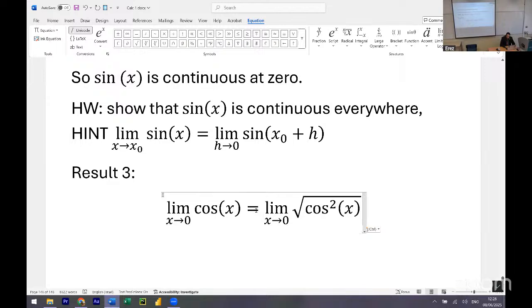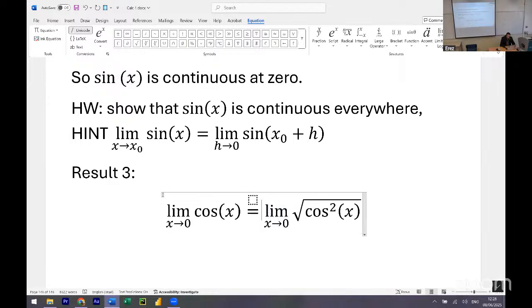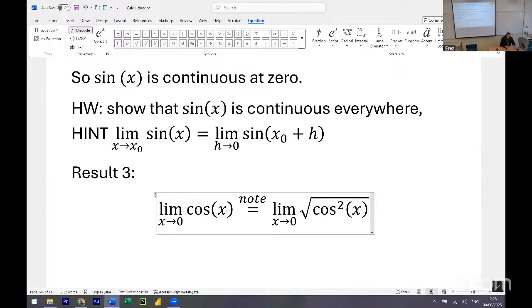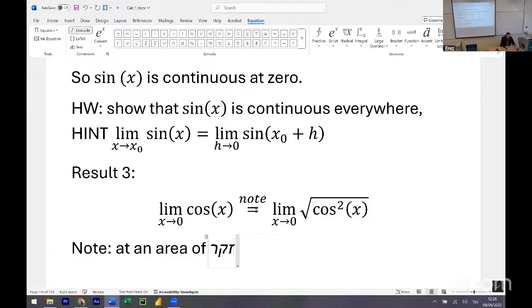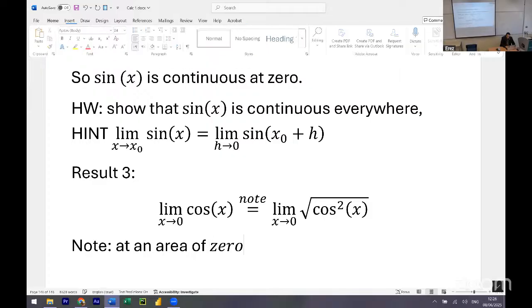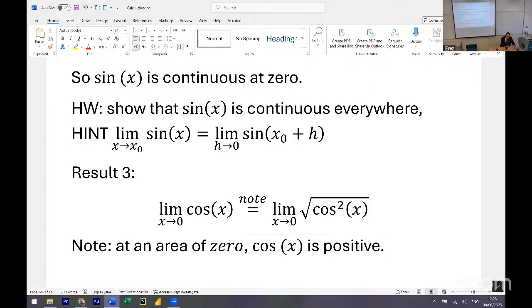Note that in an area of 0, cosine is positive. So we need cosine is the x value, and the x value is to the right.